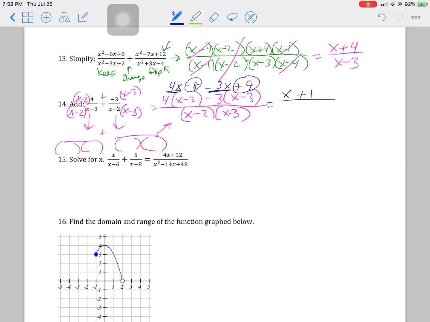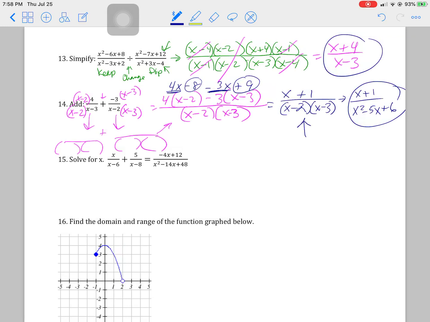And then this is still x minus 2, x minus 3. And the order is unimportant. You can have x minus 3 and then x minus 2. You can also have that put back together. I can't imagine it's necessary, but just in case. Okay. I think that's fine though.